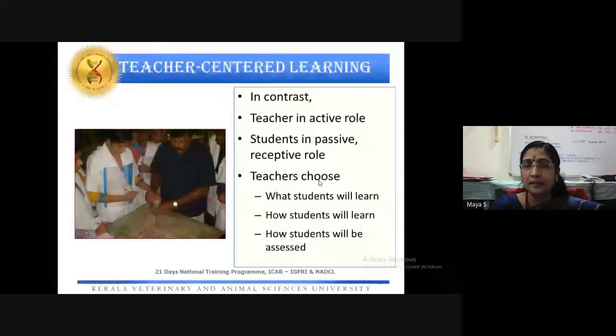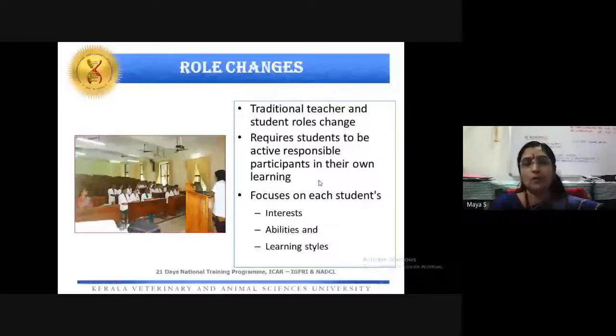But in this case, the students are choosing the learning methods, and because the students are involved actively, their interest, abilities, and learning styles will be boosted. So traditional teacher-student roles will be interchanged. The students take up the active role instead of the teacher's dominance.